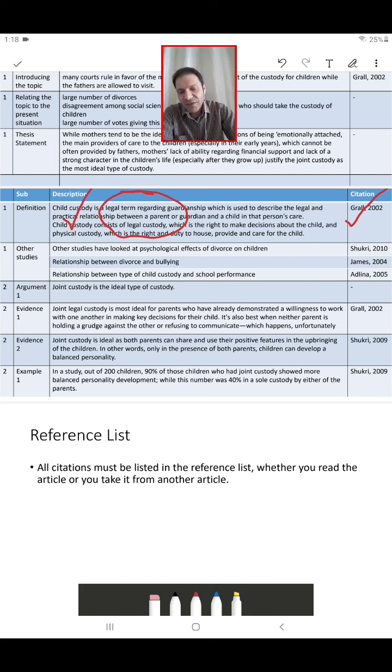But everything that you mention, even if you don't read an article, but you read another article, and in that article you find a reference, and you bring that citation, you have to include it in your reference list. So every name must be included in the reference list.